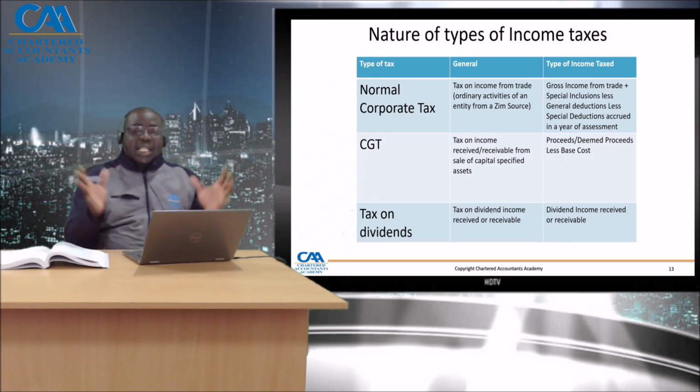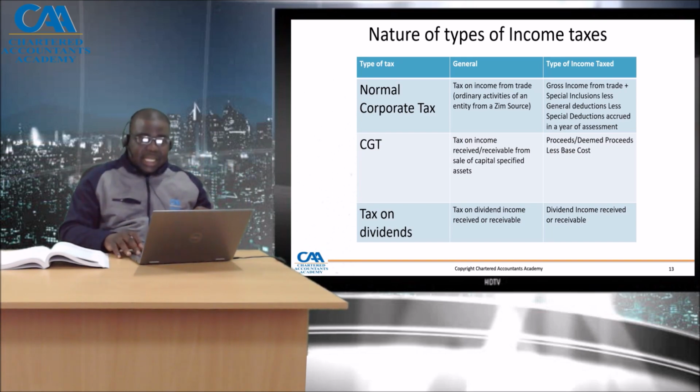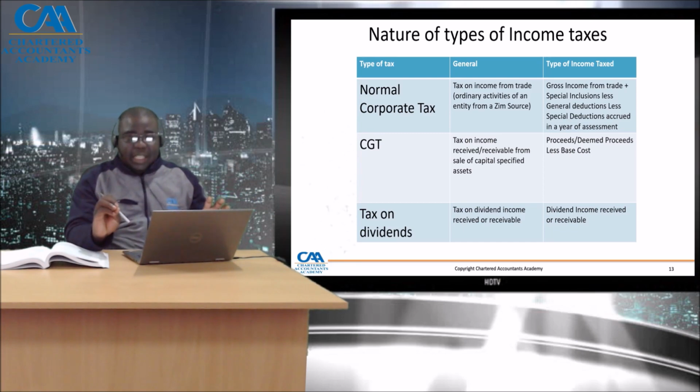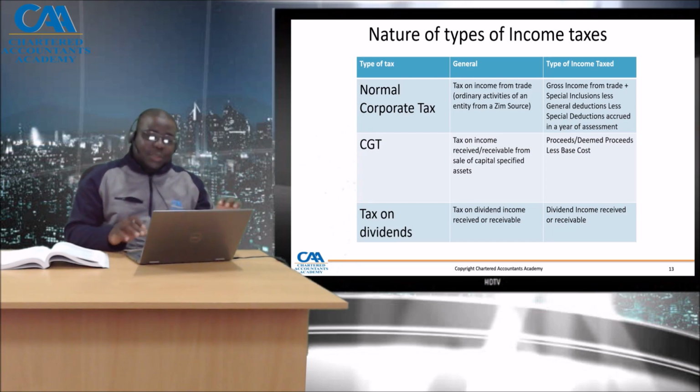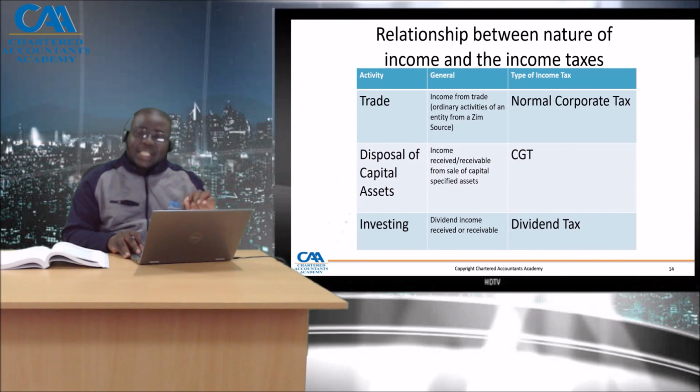Now, let's see the relationship between the nature of income and the tax in one. So income from trade is taxed under normal corporate tax, whereas income from disposal of capital assets is taxed under capital gains tax. Let's emphasize specified assets.